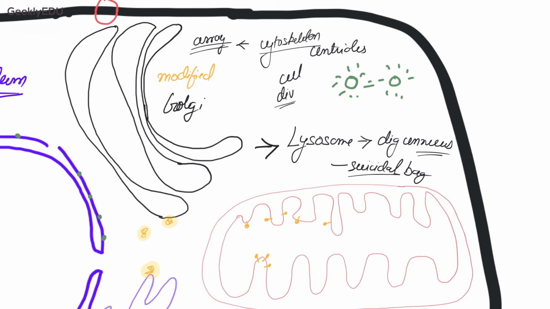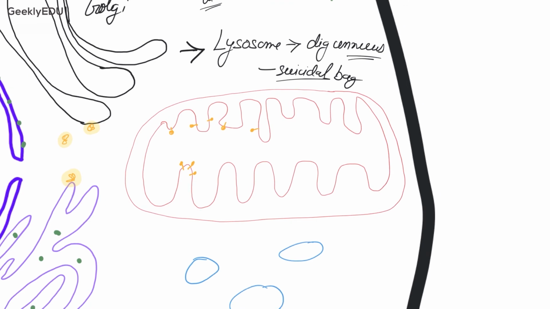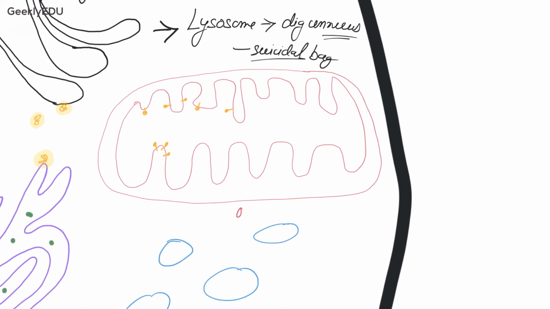Now, let's talk about the organelle that gives you a lot of energy, and that organelle, yes, that's very correct, is our own mitochondria. Now, mitochondria has an outer membrane, a membrane on the outside, which is fairly smooth. Then they have an inner membrane. Now, you can clearly see that the inner membrane is folded inwards to form shapes called cristae. Why do we have more foldings on the inner membrane?